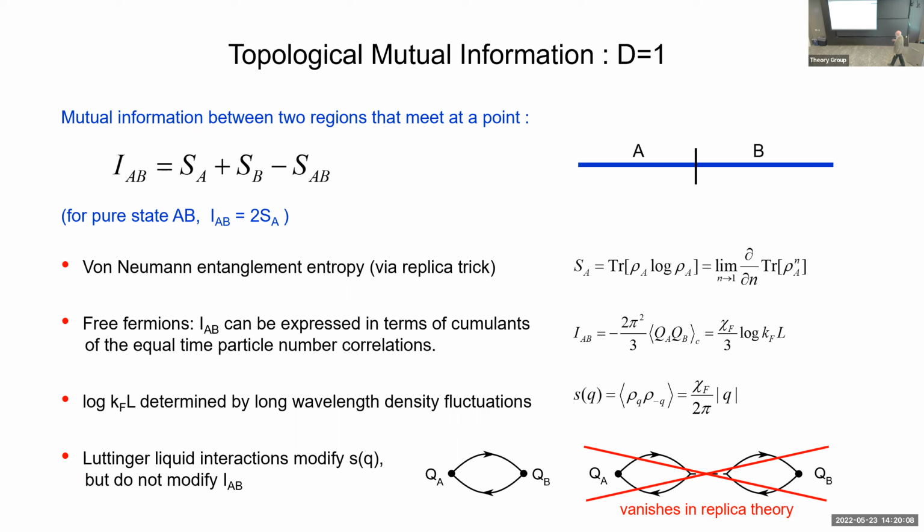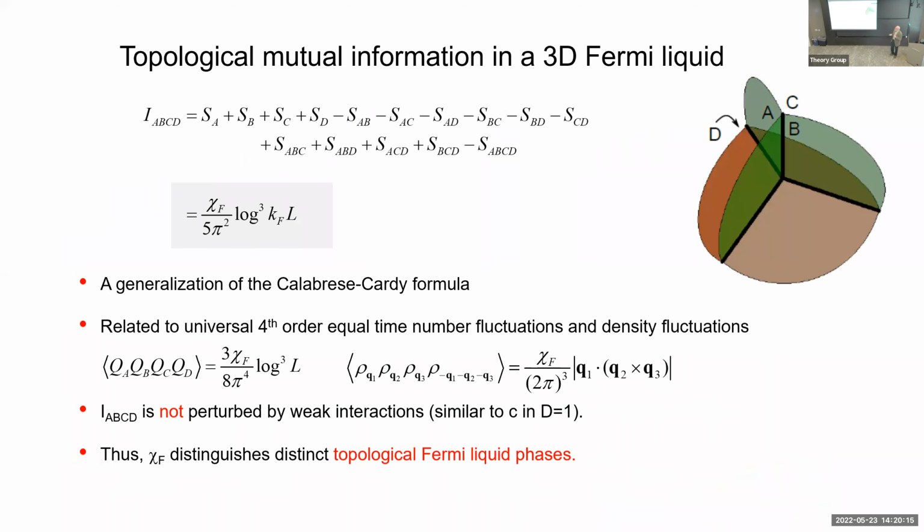Okay. So now, we want to step this up to higher dimensions. I'm going to first do 3 dimensions before I talk about 2. So in 3 dimensions, again, we need to have our 3-dimensional pie sign that has 4 regions that meet at a single point.